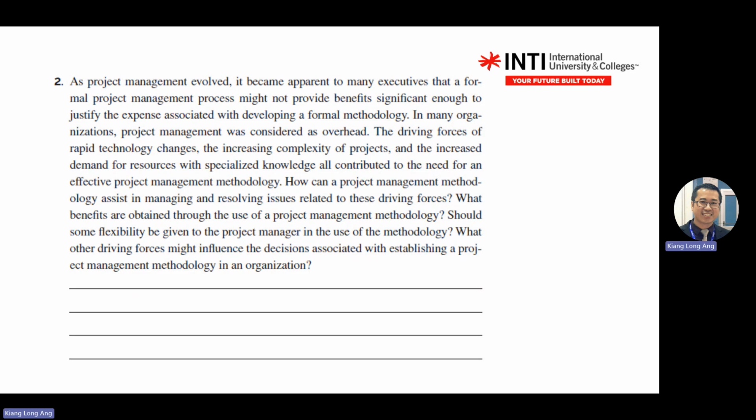How can a project management methodology assist in managing resource issues related to these driving forces? So how can a project management methodology assist in solving the problems above? Above, a few keywords for you to elaborate.